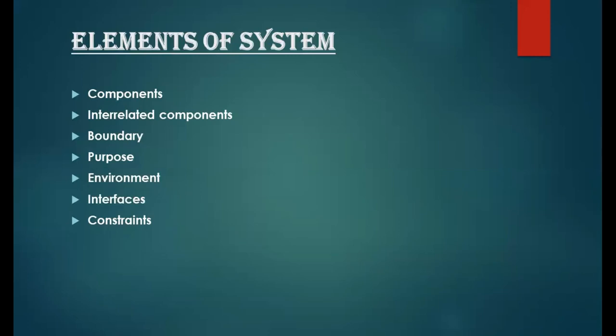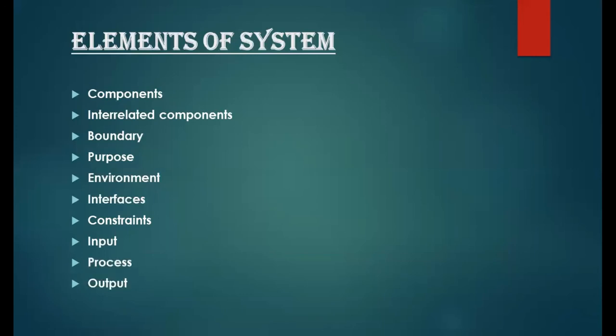So some restrictions are laid down, and these restrictions are said to be the constraints for the system. You can define certain keys, certain passwords, or other security restrictions so that unwanted users cannot enter into the system.